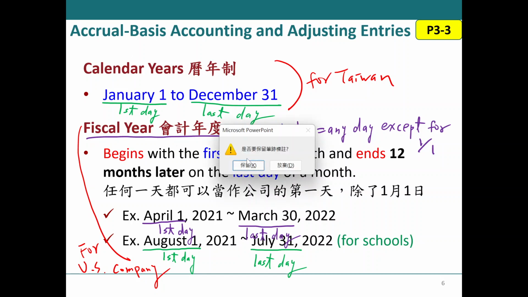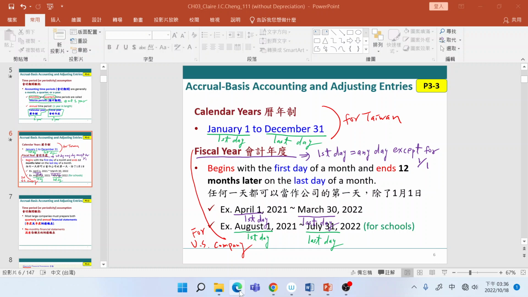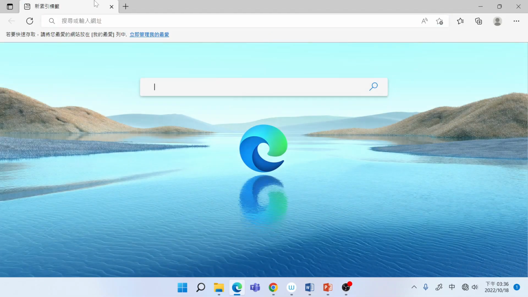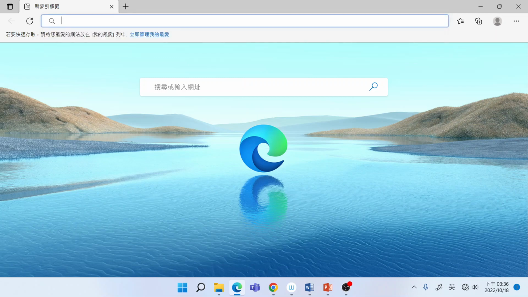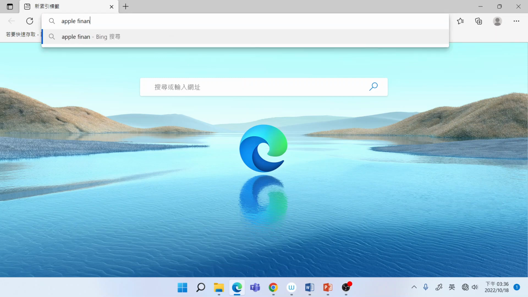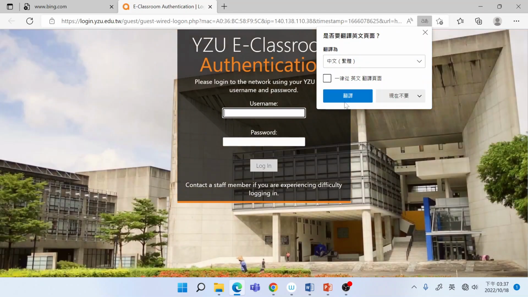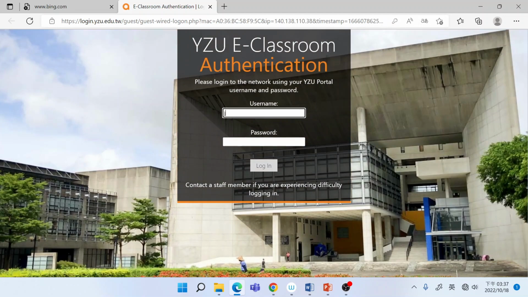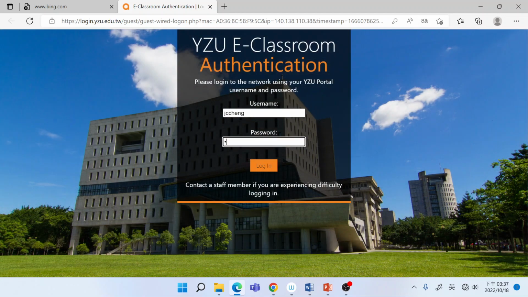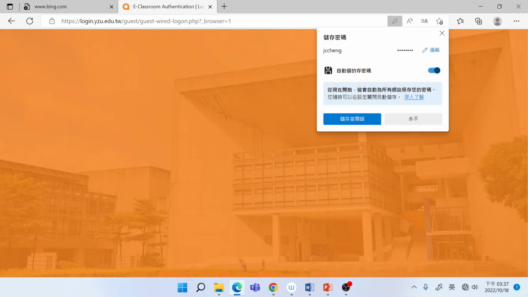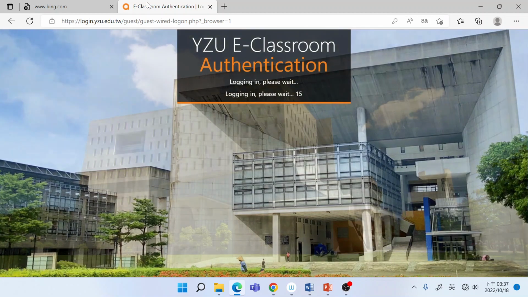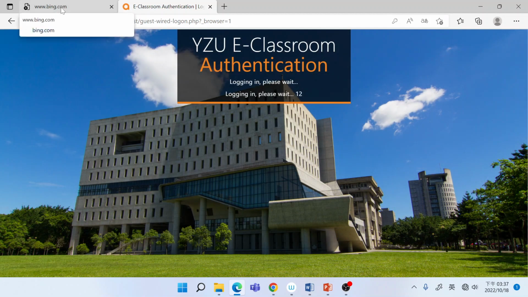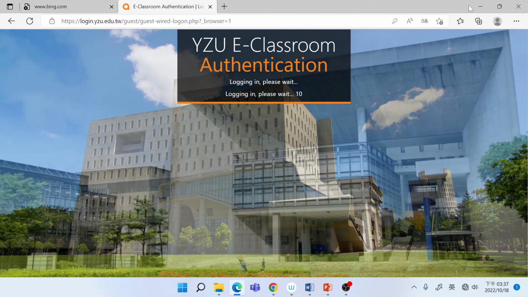For example, for Apple company, I show you the Apple company and tell you Apple company is fiscal year.